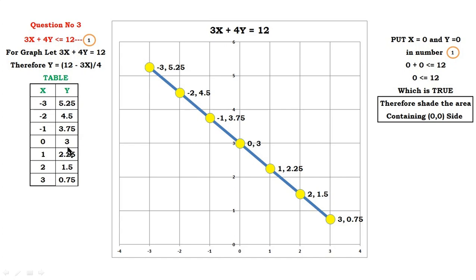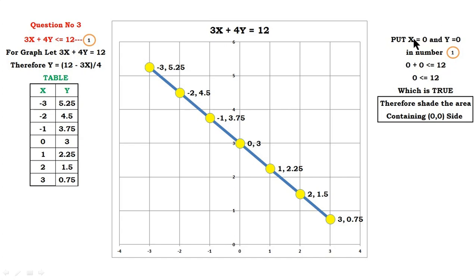Then calculate the value of y. Now indicate all these values on the graph. Minus 3, 5.25; minus 2, 4.5; minus 1, 3.75; then 0, 3; 1, 2.25; 2, 1.5; 3, 0.75.